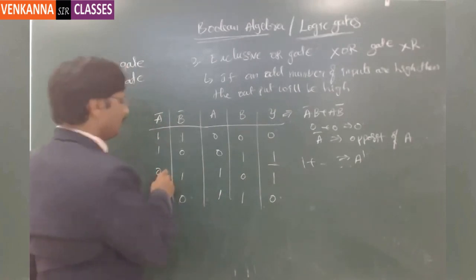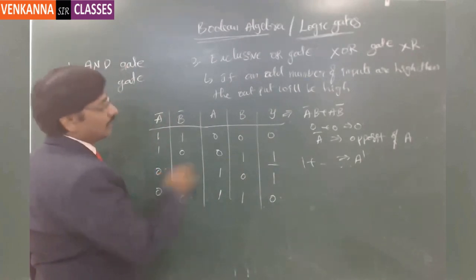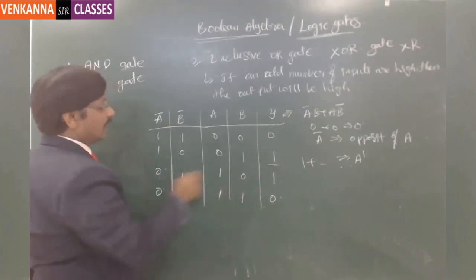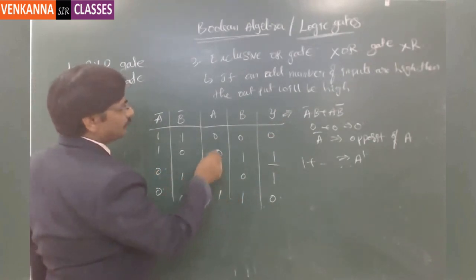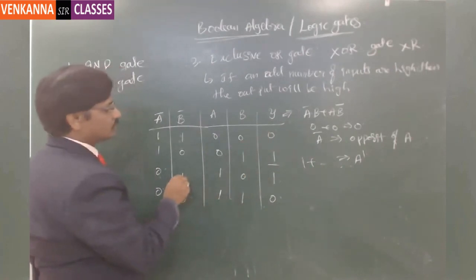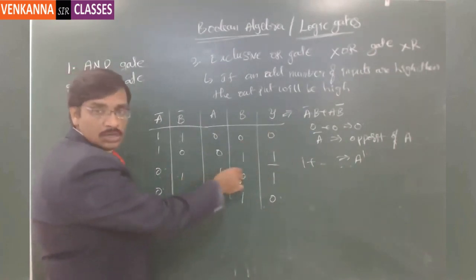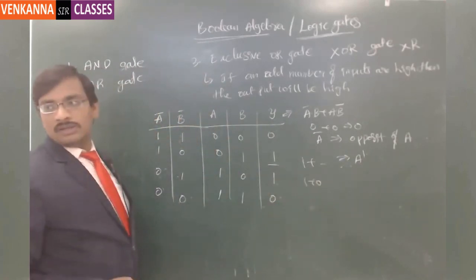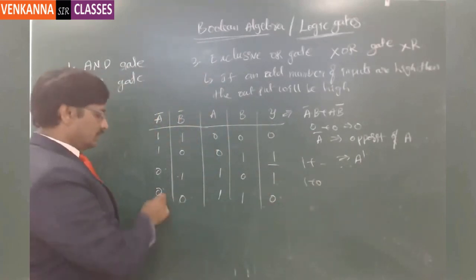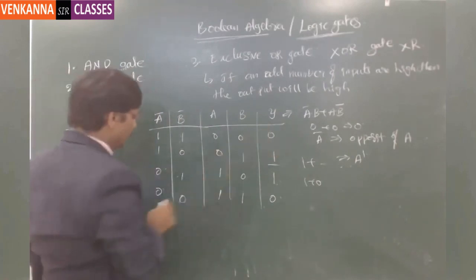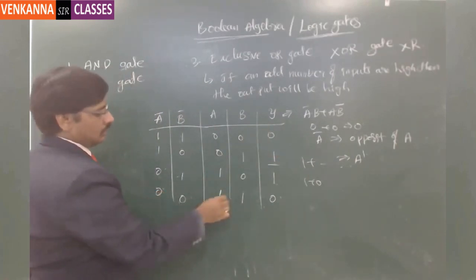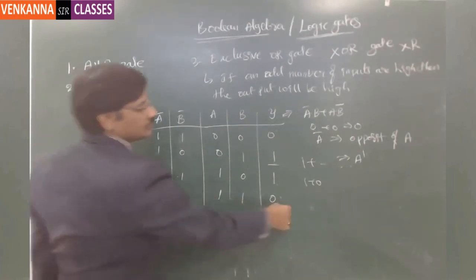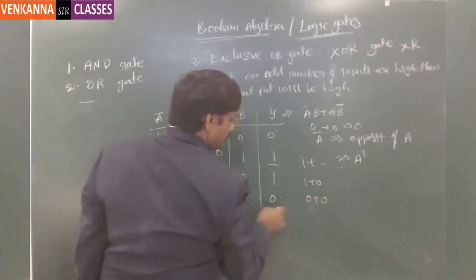Now the third one: A bar is 0, 0 times 0 is 0, and for AB bar, B bar is 1 and A is 1. 1 dot 1 is 1. 1 plus anything is 1. So that's why you can write 1 here. Similarly, the next one is 0, 0 here. Now A bar B is 0 dot 1, and AB bar is 0 dot 1. So again it is 0 plus 0. So you are going to get 0 here.